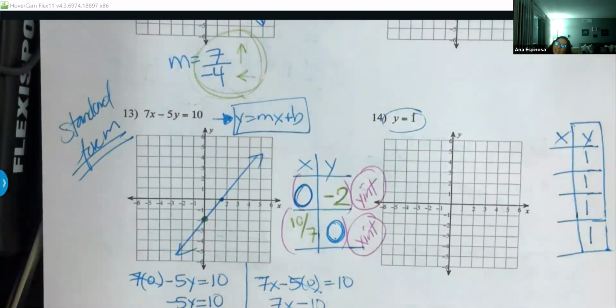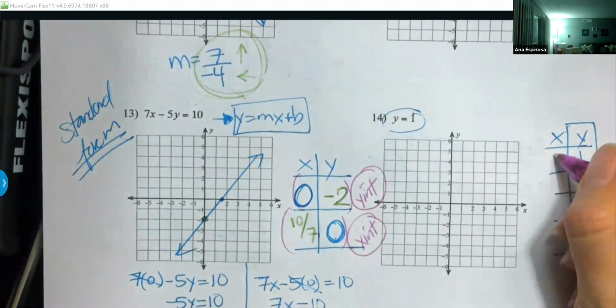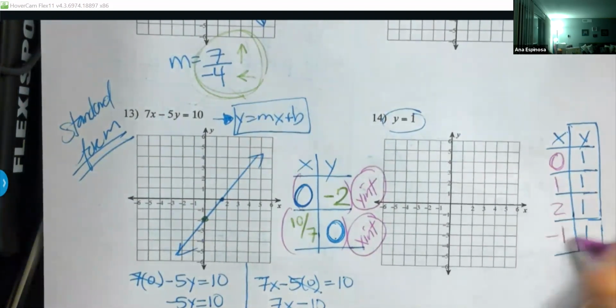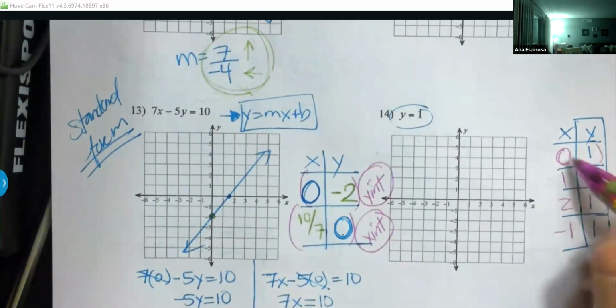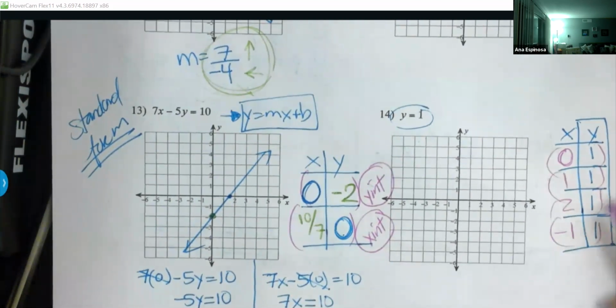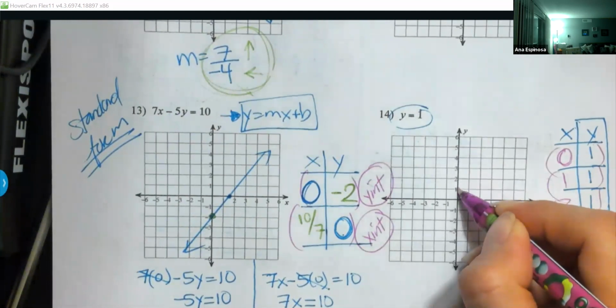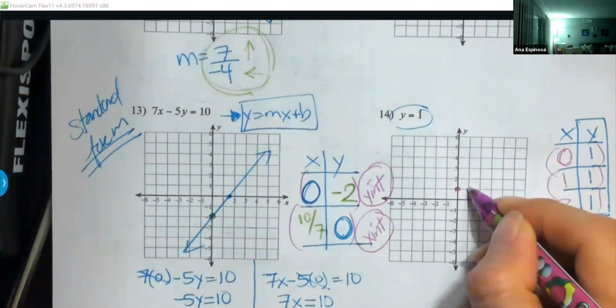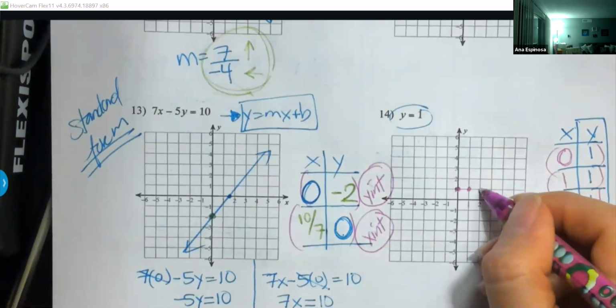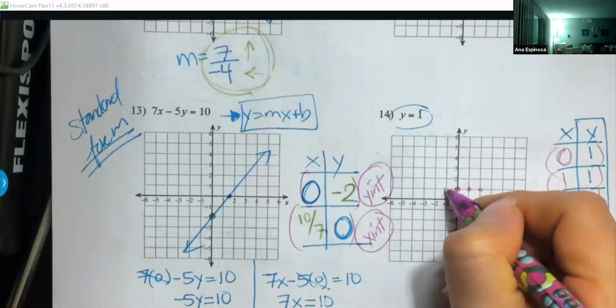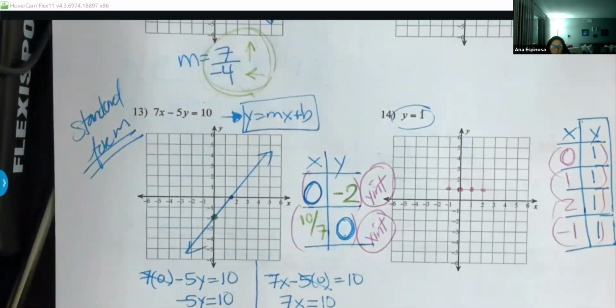X doesn't matter because it doesn't exist. You could plug in any points you want. When you plot them, 0, 1, 1, 1, 2, 1, notice that you get a horizontal line.